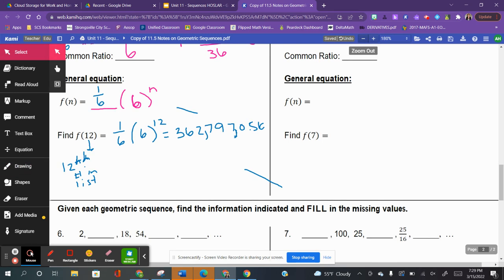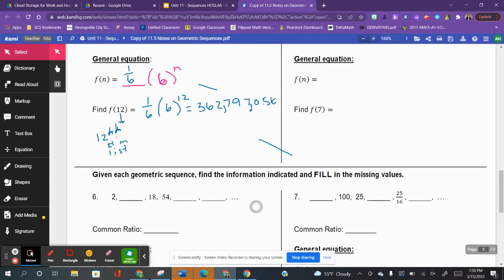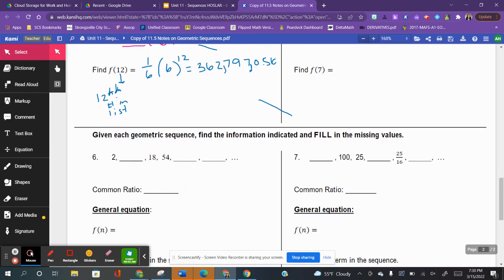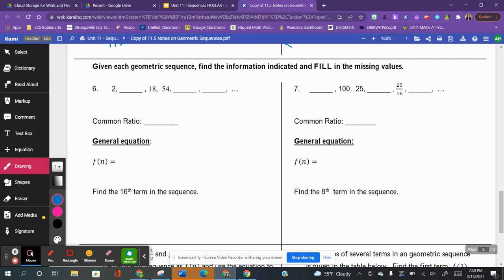Now, your job in 5 is to do something similar to problem 6. Your job in 6 and 7 is to, again, find the common ratio, use that to create an equation, and find a certain number in the list. Let me give you a little hint for something like 7. Again, I have these consecutive numbers.